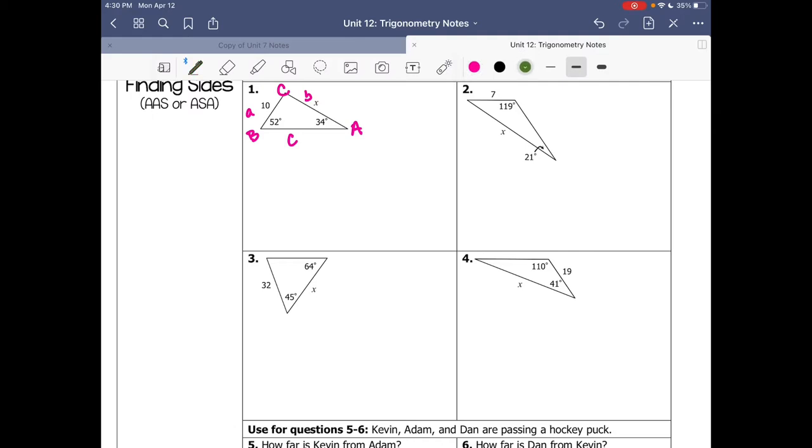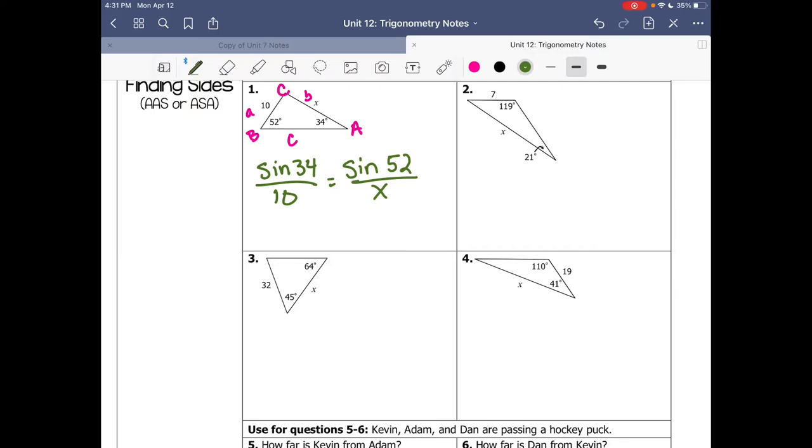If we know the pair for A, so the sine of 34 goes over 10, then we can use the sine of B, which is 52, over x, because that would be little b.